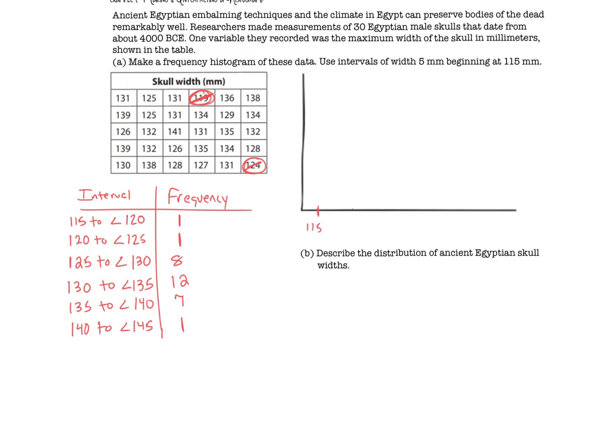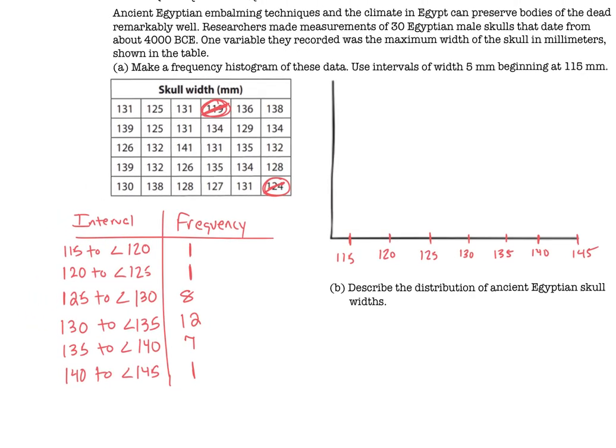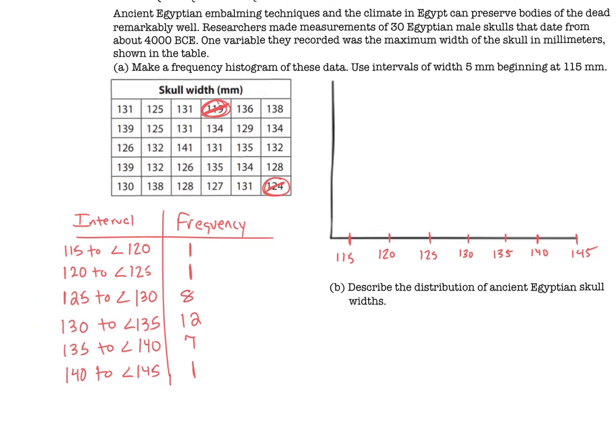And then we'll create, as best we can, equal width bins all the way to 145. Like you see what I'm doing here. I'm trying to create equal width bins, and they're not going to be perfect. But I'm trying to create equal width bins, and then from there, we're going to do the frequency.